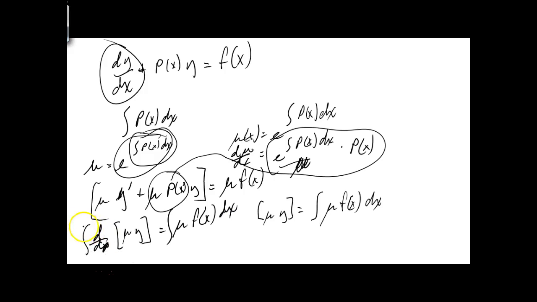Now, the integral of a perfect derivative is mu y. So this product is that. And then divide both sides by mu, and you've got y is equal to that.